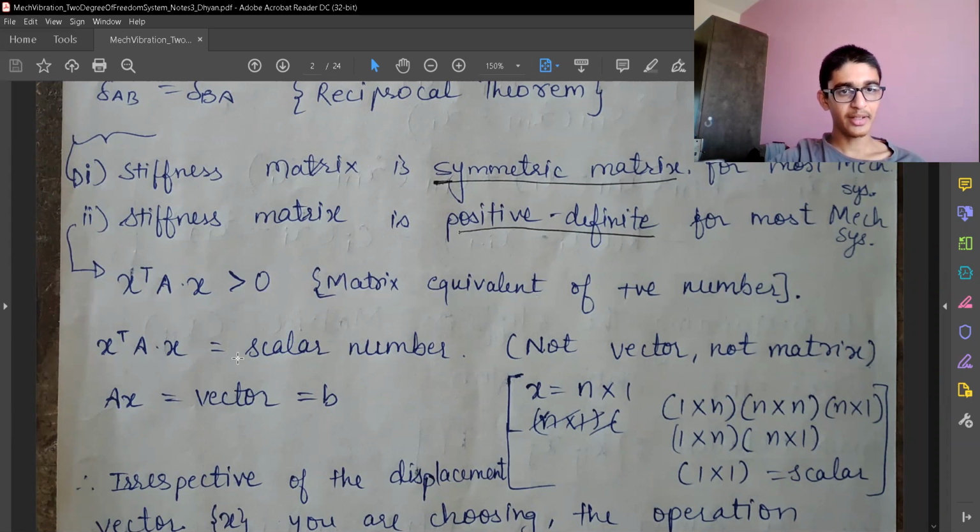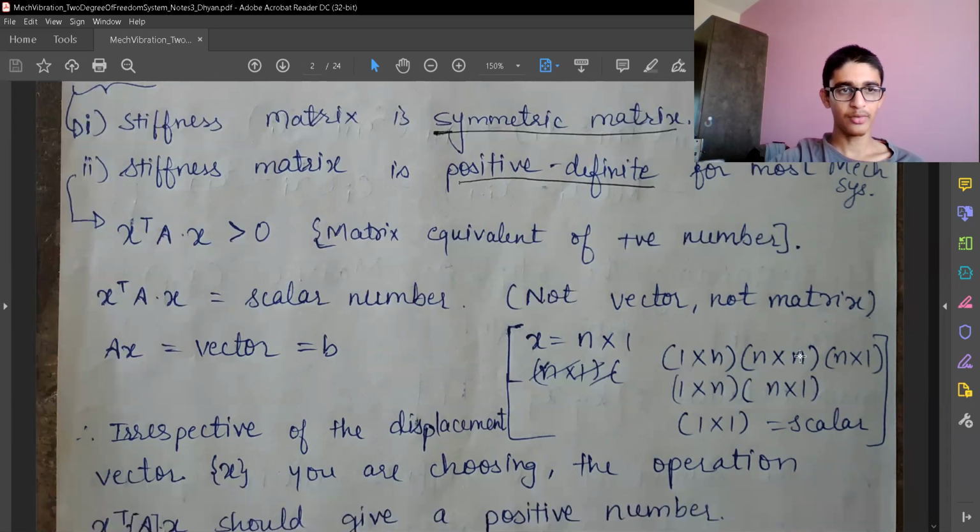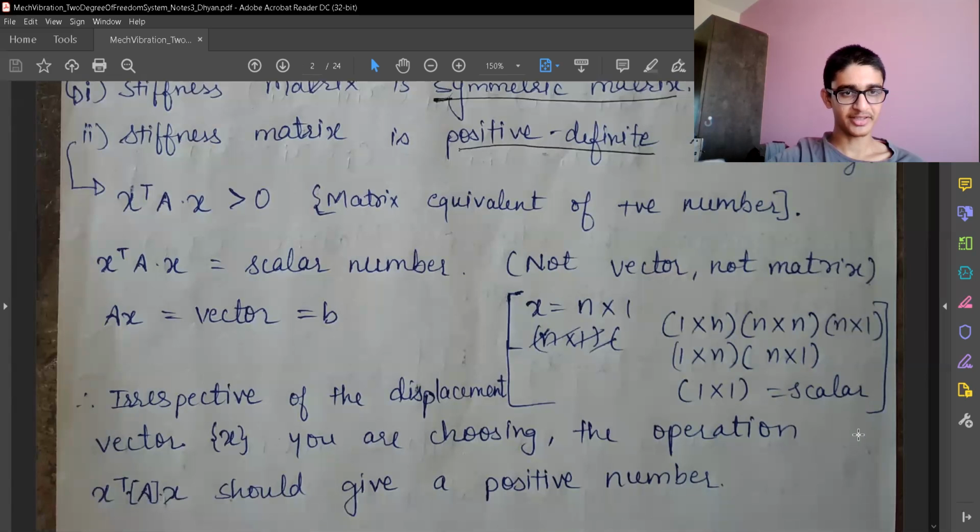How can I say it is a number? X transpose A X is going to be a scalar. It is not a vector, it is not a matrix. Let's take X as an n cross 1 vector and do the matrix multiplication for the orders. 1 cross n into n cross n into n cross 1 will give me a 1 cross 1 in the end, that is a scalar.